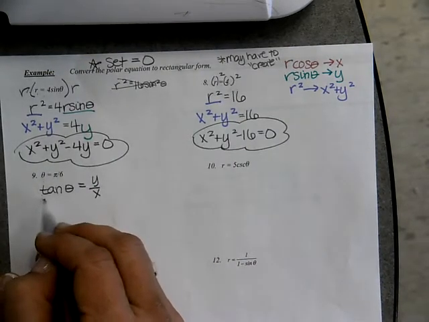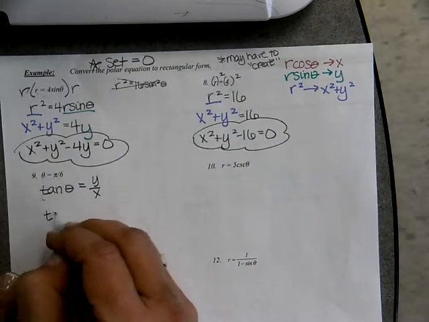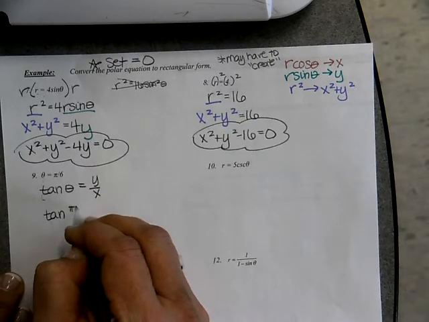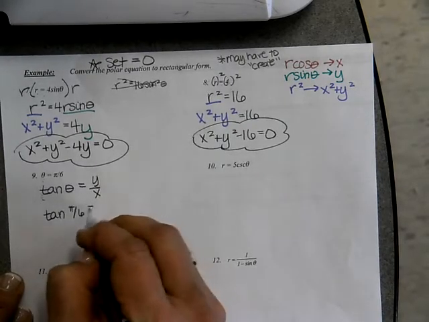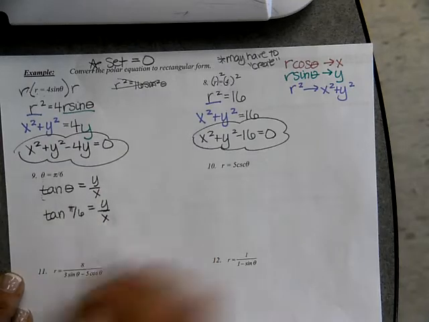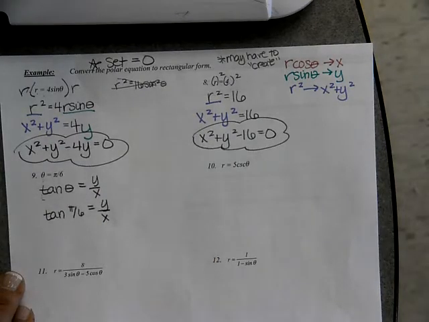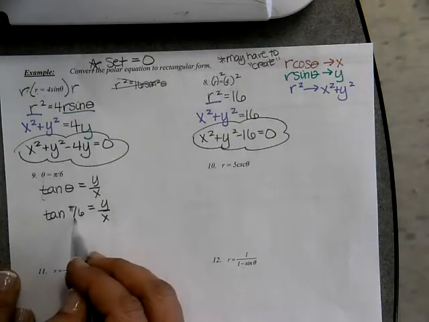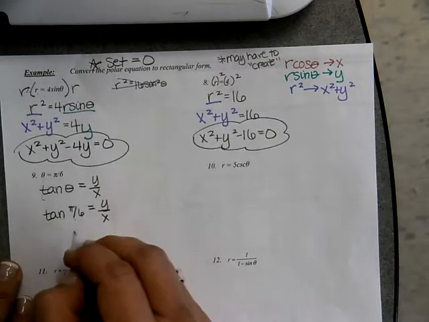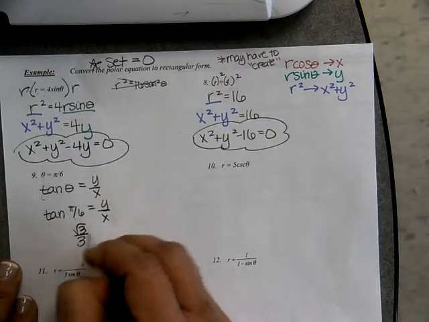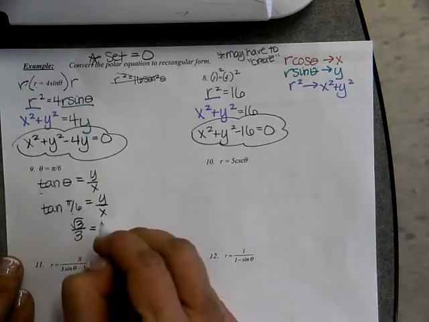So I know that the tangent of pi over 6 is going to be y over x. Okay? Well, I know the tangent of pi over 6 is root 3 over 3.